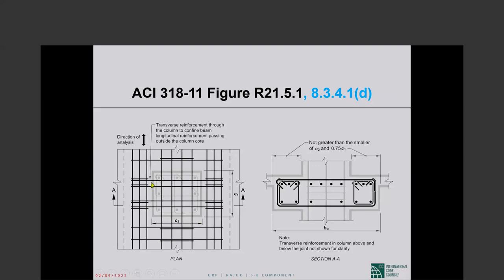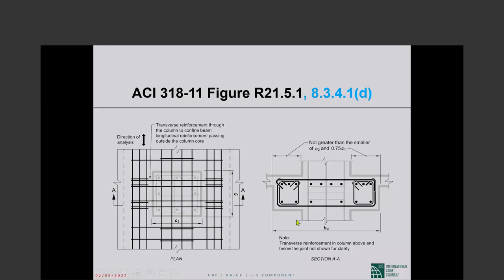Now, in this picture, the up and down direction is the direction of analysis. That is very important to understand. Okay, the column has dimension c sub 1. The column dimension in the direction of analysis is always c sub 1. The perpendicular direction is c sub 2. And then we cut this section A-A. You see the section here.